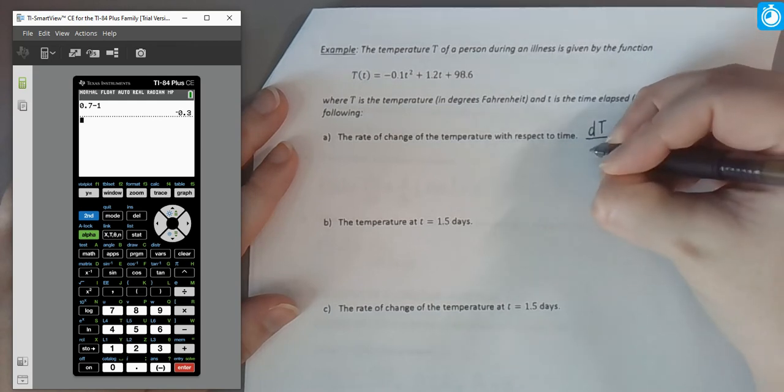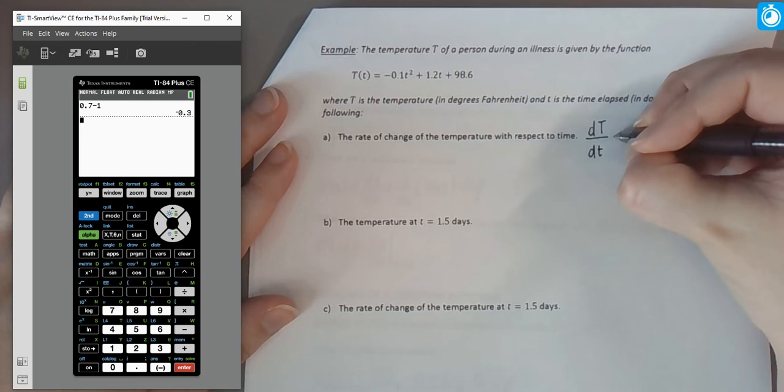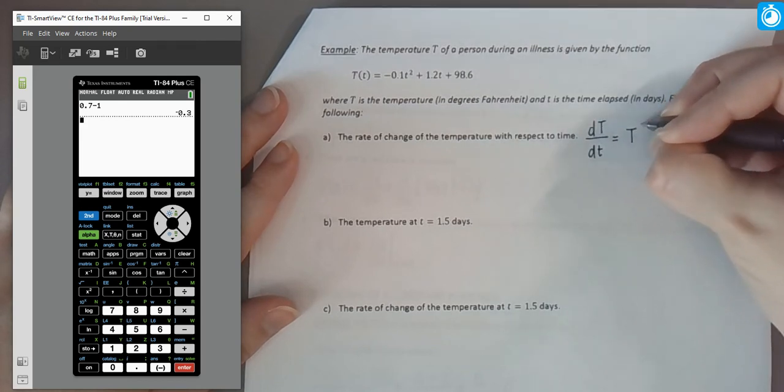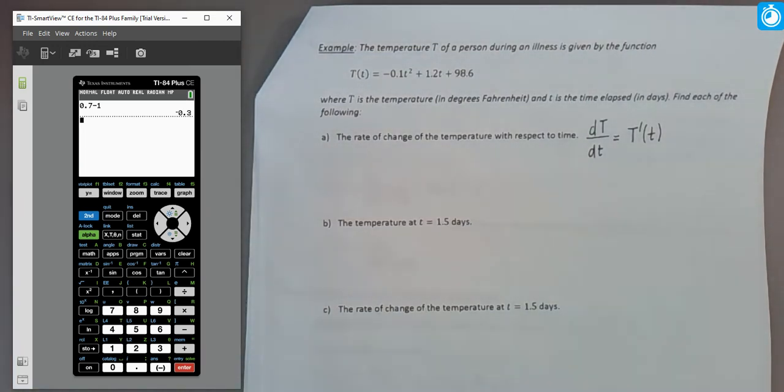It's the derivative of temperature with respect to time. Or alternatively, we could write this as T prime of t. Remember, the derivative is defined as our instantaneous rate of change at a single point, in this case, a single point of time. But here, because we don't have any specific constant numbers involved, what we're looking for is this general derivative, the formula for finding the actual value at any specific value of lowercase t.